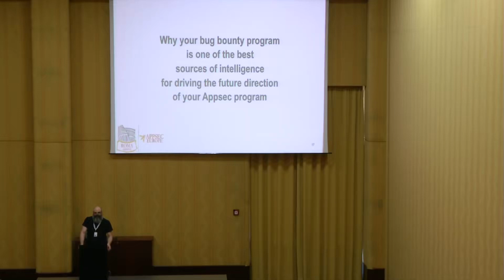This stuff grows pretty quickly, and we realized that we needed to take all of the different security efforts that we were doing and have an overall view of where it was and figure out where we wanted it to go. And so we're actually using OpenSAMM for that, and I'm going to talk about that in a little bit. And what we realized is that the bug bounty program for us really became one of the best sources of information about our program.